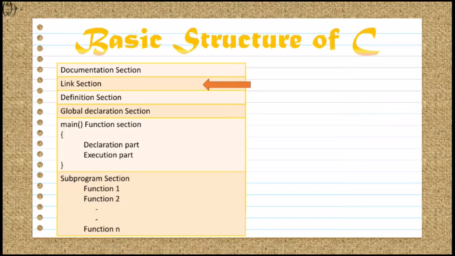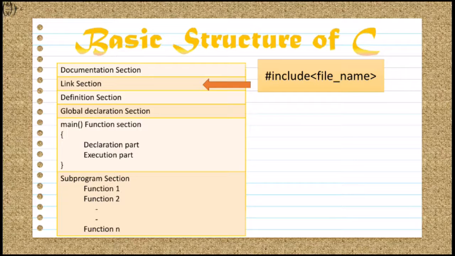The header file is written as hash include followed by less than symbol, then file name, and at the end greater than symbol.